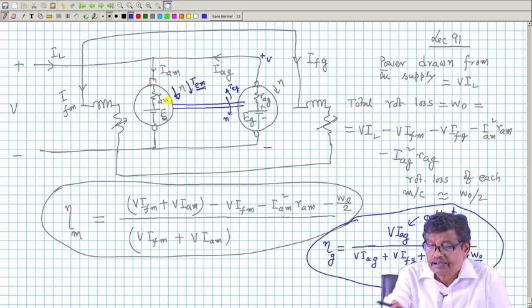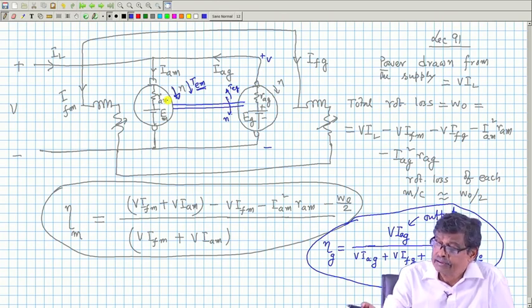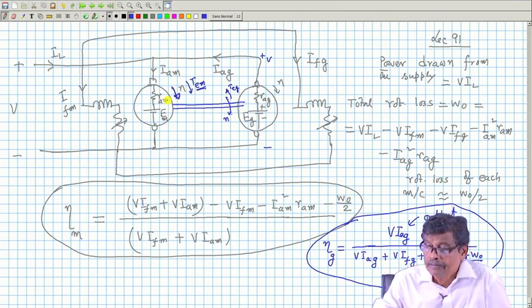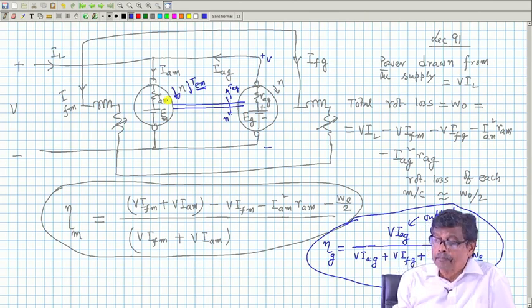That is the greatest advantage. But another thing is you must have two machines together which are mechanically coupled, otherwise you cannot do it. So, this is how it can be done.